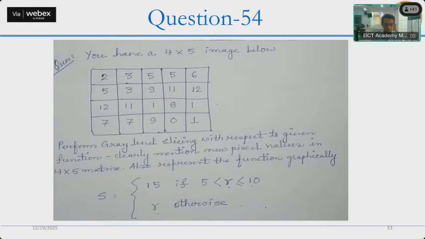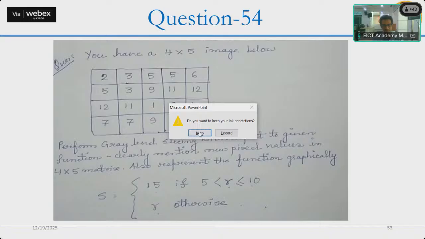Do you recall what gray level slicing was? We particularly focus upon some part. There was a linear straight line with a 45-degree angle, but with a sharp edge in between.